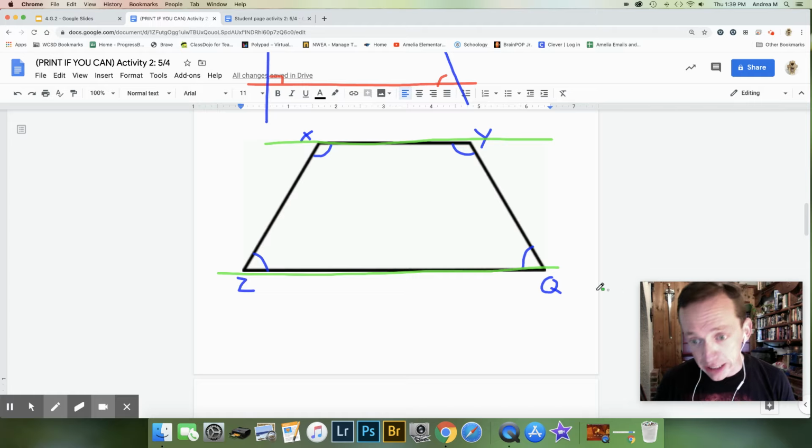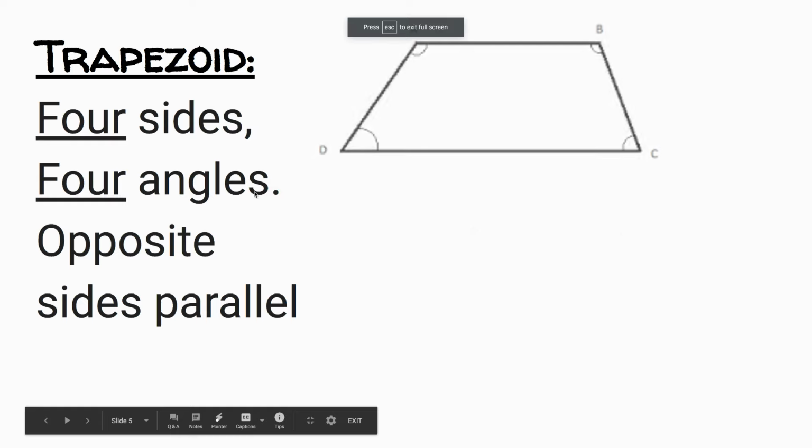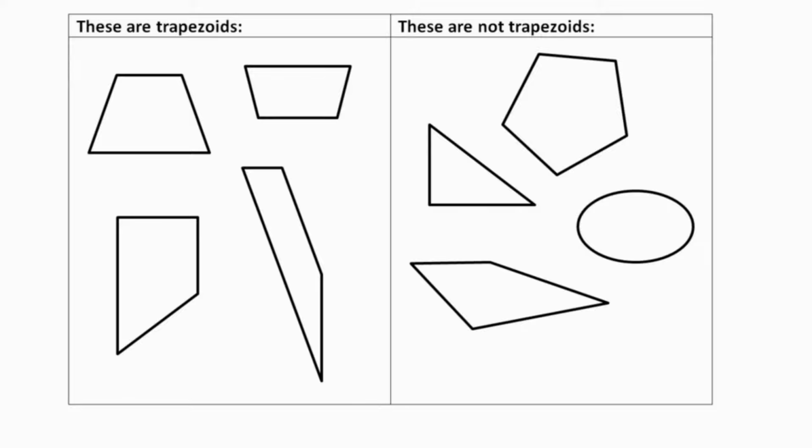ZX and YQ are not parallel to one another. That's one set of parallel lines. All right, moving on. So that's trapezoids. We kind of talked about that already, why these are separated, the trapezoids over here and non-trapezoids over here.